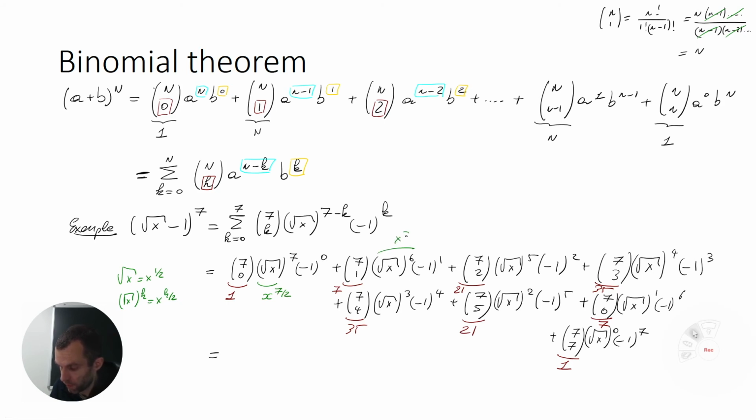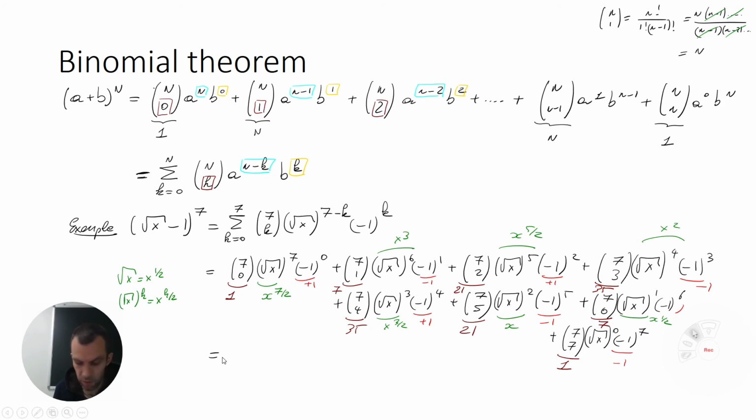Here we get x to the power 3, x to the power 5 over 2, x squared, 3/2, 1, 1/2, and then the sign, that's very easy. So this is plus 1, minus 1, plus 1, minus 1, plus 1, minus 1, plus 1, and minus 1.